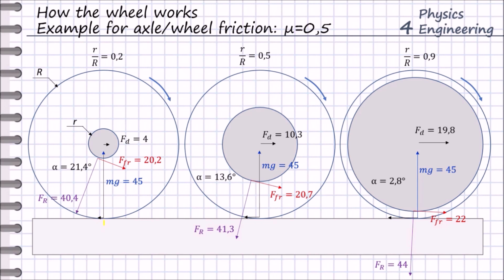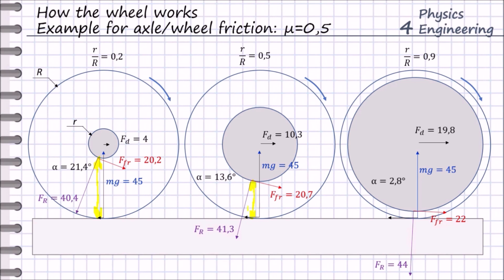But the stiction force has different lever arms relative to the rotation point. In this case, the lever arm is the distance from here to here, a long distance. In this case, the lever arm of this friction force is this distance, much smaller.